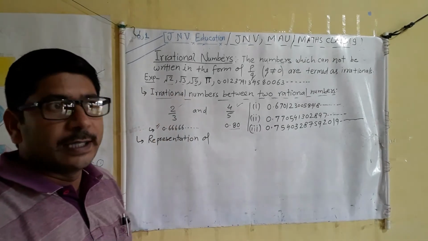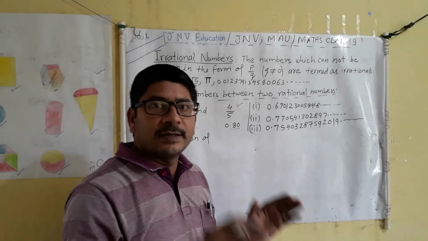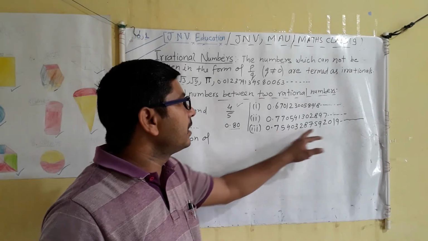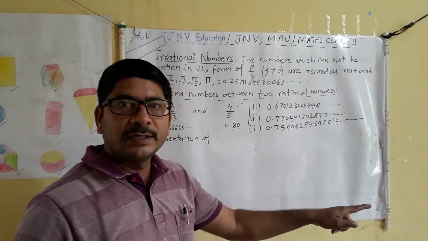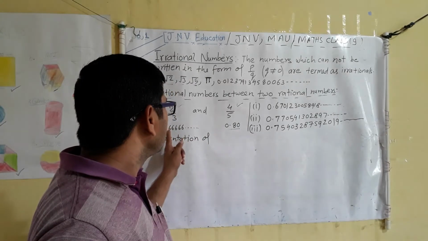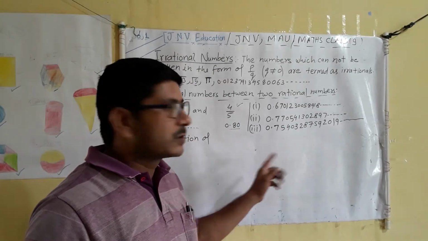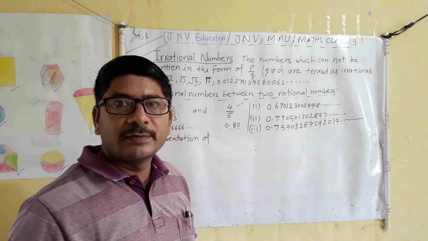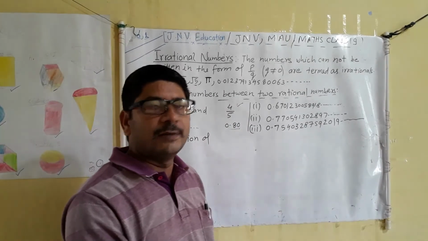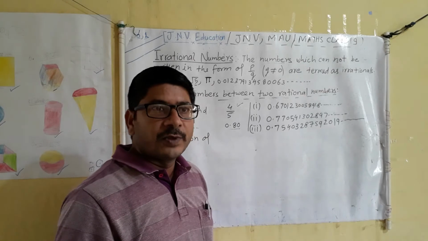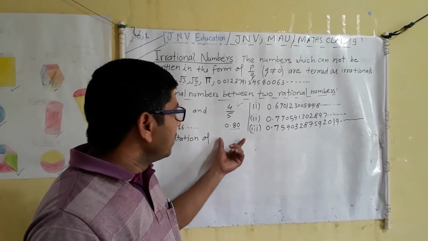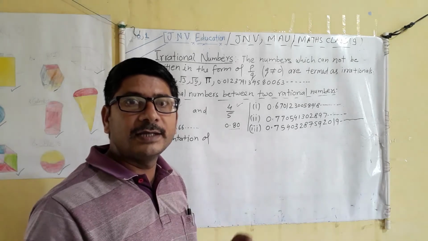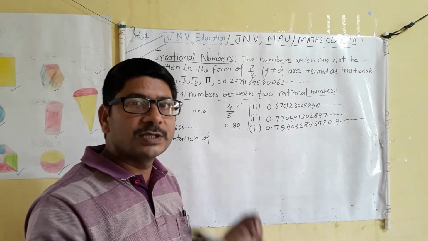So we can write many non-terminating, non-repeating decimals in between 0.6 and 0.8. So there are infinitely many irrational numbers in between two rational numbers. You have to be careful and note down this point.